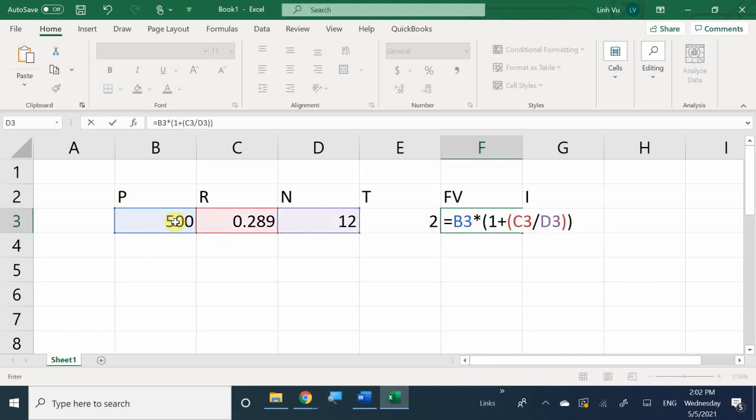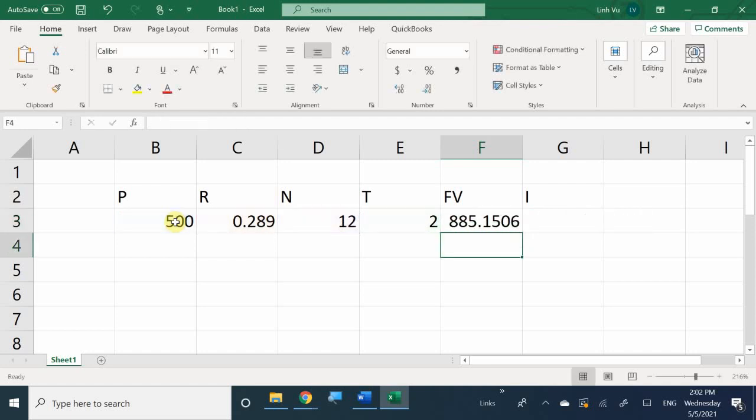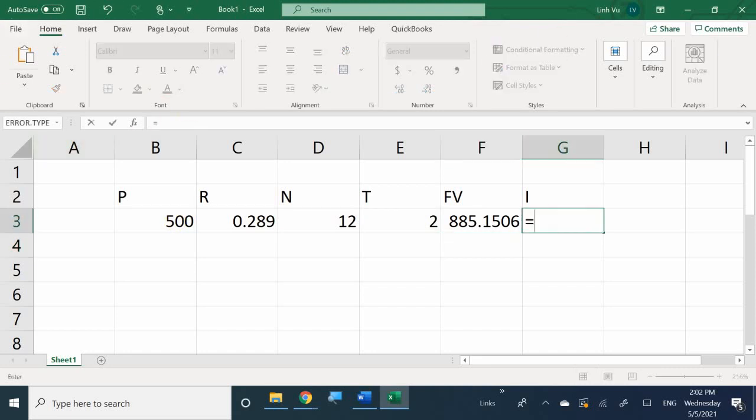You put a caret, and then you'll have 12 times 2 in parentheses also. And therefore, it should calculate it's going to cost you $885.15.